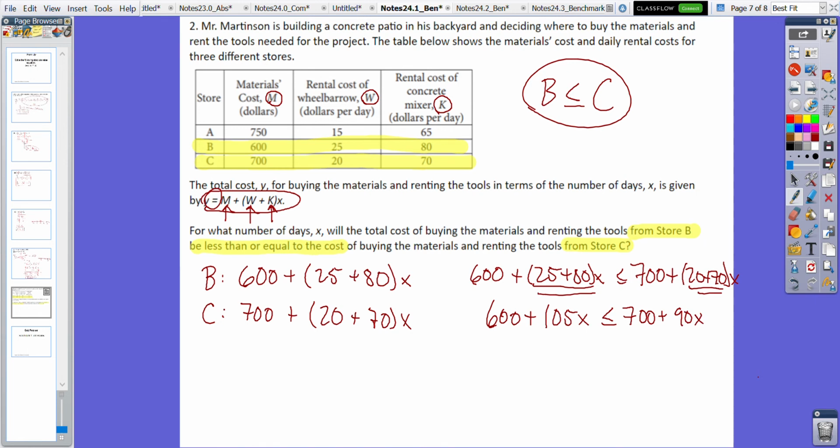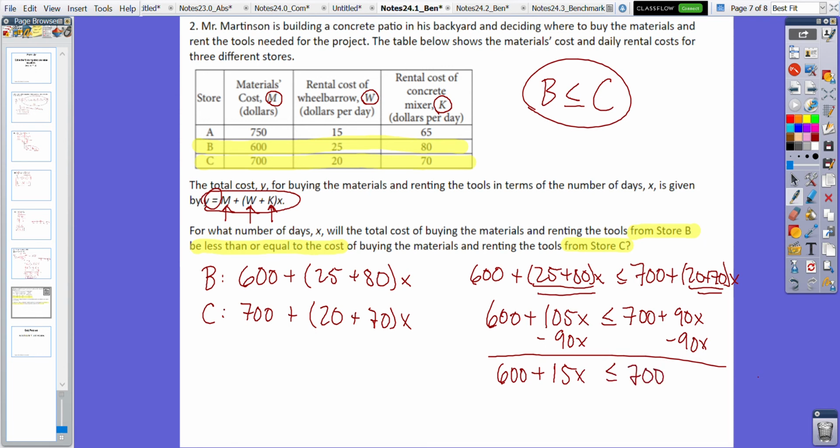Just like any other inequality, I want to solve for X. I'm going to get all my X's to one side, all my numbers to the other. So I'm going to start by subtracting 90X from both sides of the inequality. That gives me 600 plus 105 minus 90, that's 15X, less than or equal to 700.